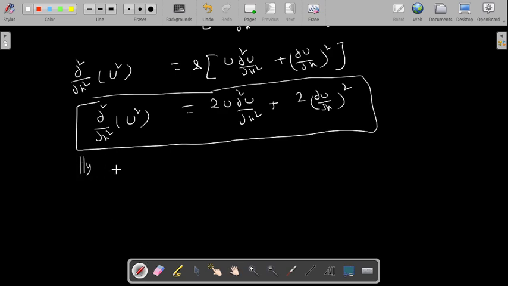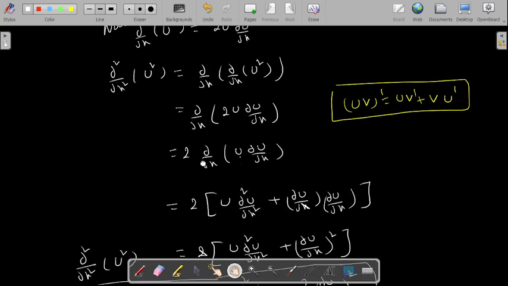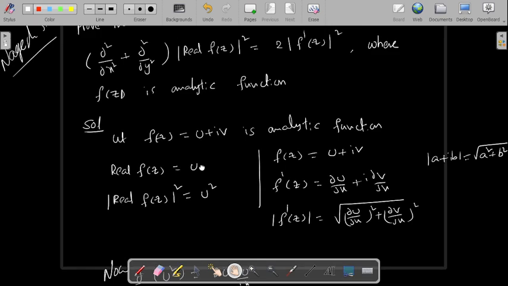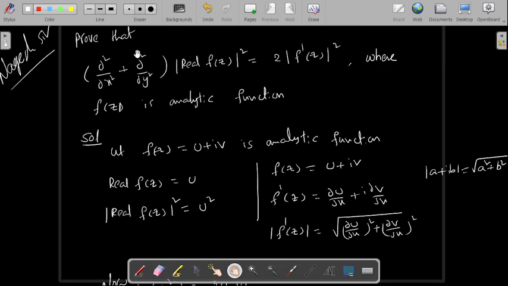Similarly, we get ∂²/∂y² of u². Here in the question, ∂²/∂y² means two times differentiation.